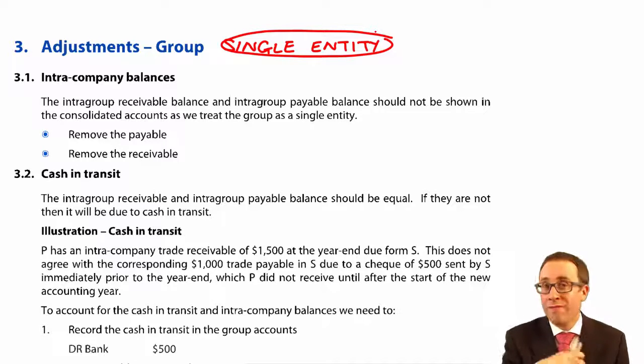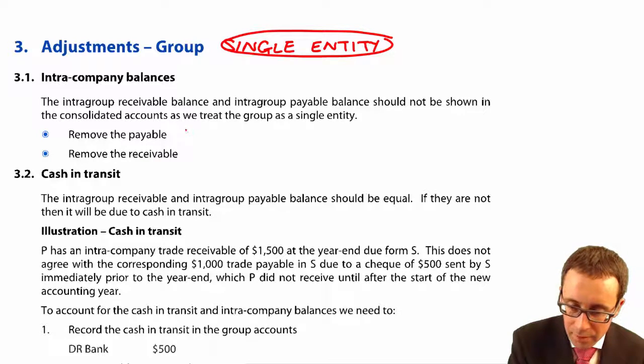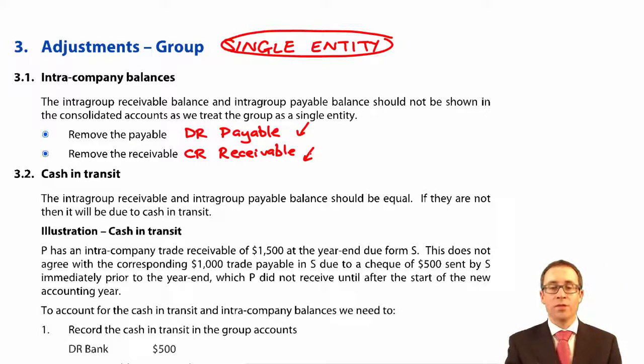Okay, so if that's the case, what we're going to go through and do is we're going to remove the payable. So payable is a credit balance, so we will debit the payable. And the receivable is a debit balance, so we will credit the receivable. Okay, so effectively we are reducing the payable, reducing the receivable.